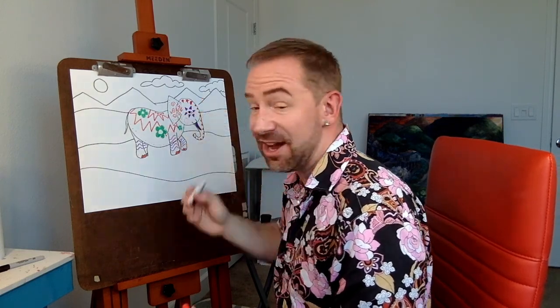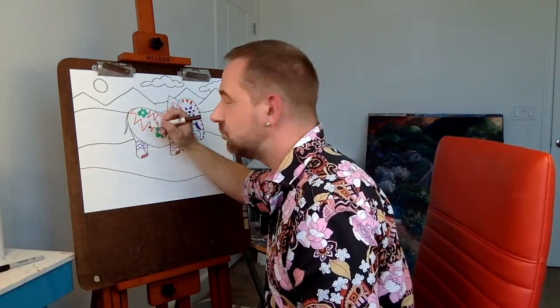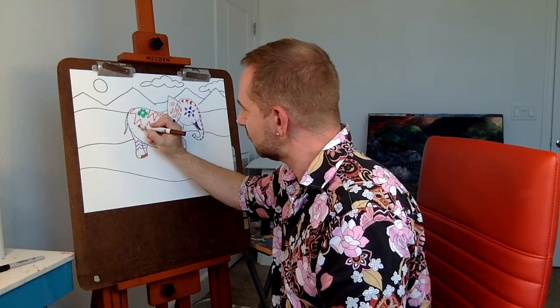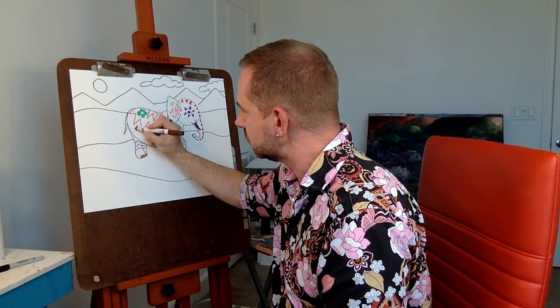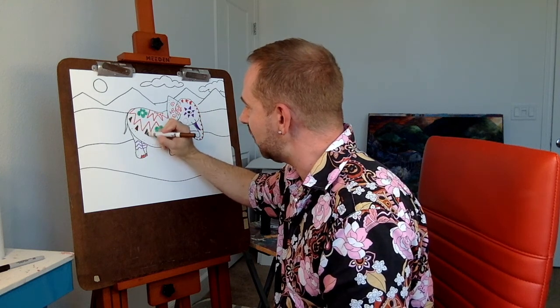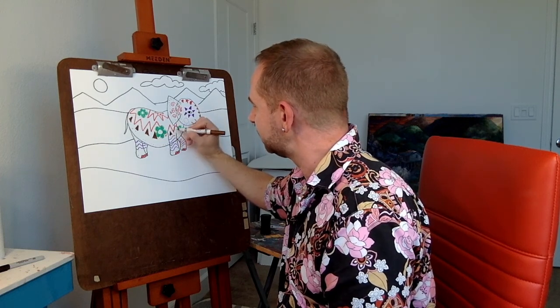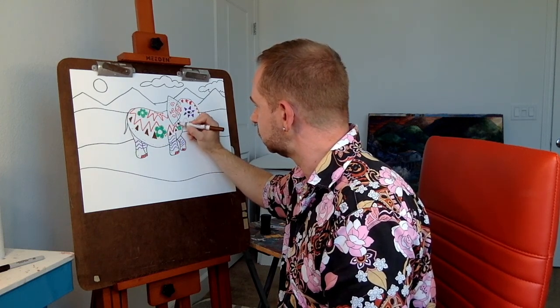What other kinds of patterns can you think of? Do some triangles. Think about all the different shapes that you know. That can be a really good way to figure out what to make patterns out of. Uh-oh.